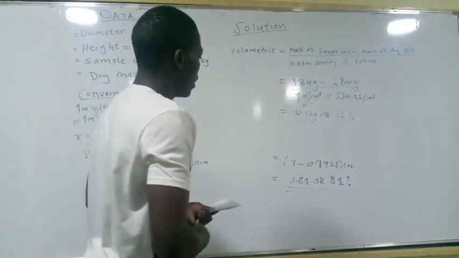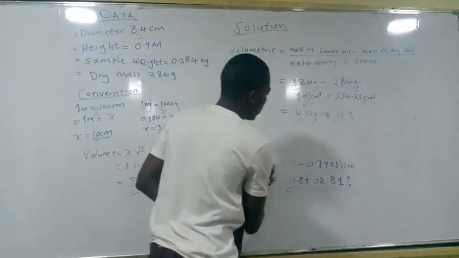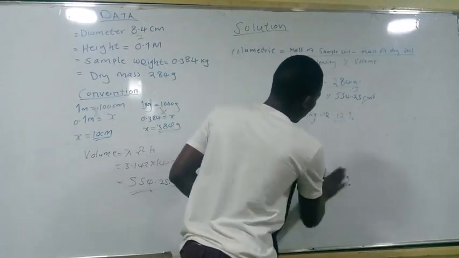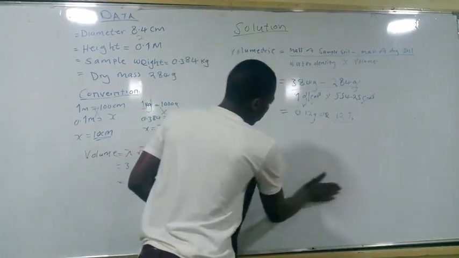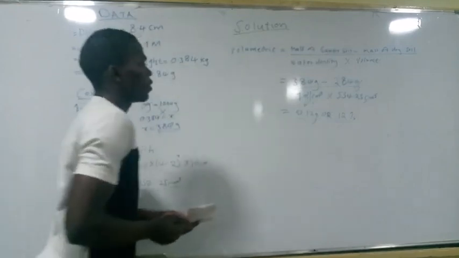What's our last calculation? Our last calculation, we've been told to calculate the moisture content of the soil. Now, what's the formula of moisture content of the soil?